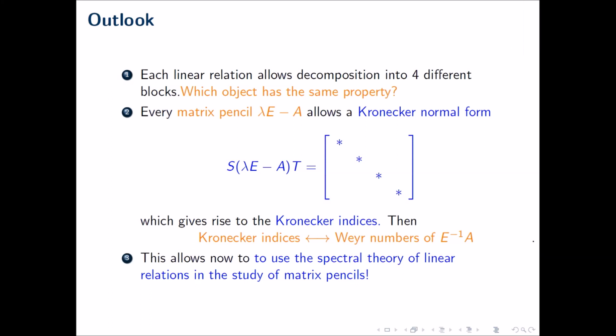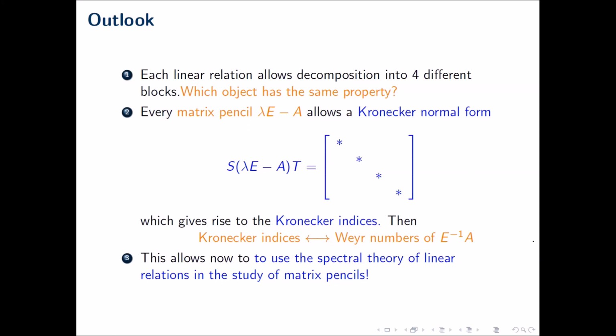Why it is interesting from my point of view: if you have some problem for matrix pencils, you go to linear relations and do something with linear relations, like perturbation theory, as I said, spectral theory, whatsoever. The standard stuff we are always doing with operators.